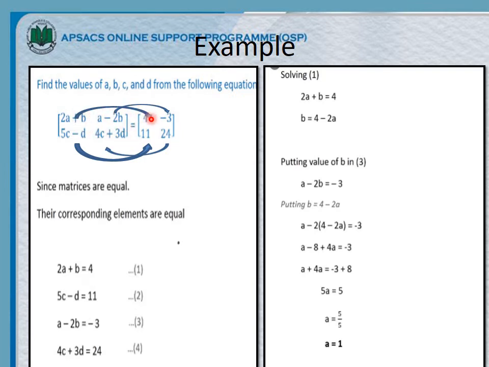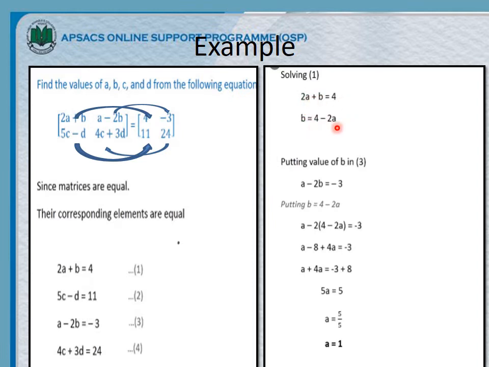By these correspondences we can make equations. How? 2a + b = 4. So this is the first equation. From the second we will get this, and from these four corresponding elements we will get these four equations. Now we will solve the equations. This is the first equation. Take out the value of b from the first equation.